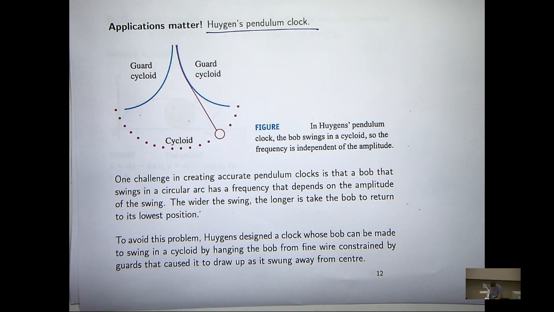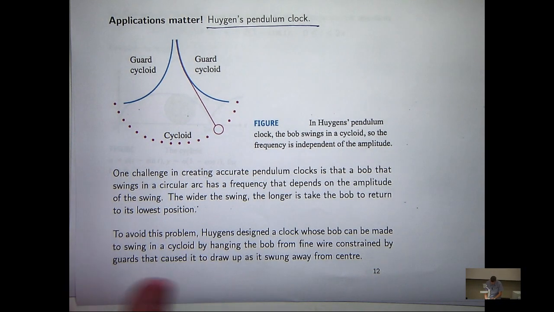Let's slightly modify that, so that the arc is a cycloid, which is not a circle, it's like it, but it has the beautiful phenomenon that no matter where you let the bob go from, say here or up here, it takes the same time to complete a swing. That's a bit counterintuitive. I don't know, most people don't believe that when they hear that the first time.